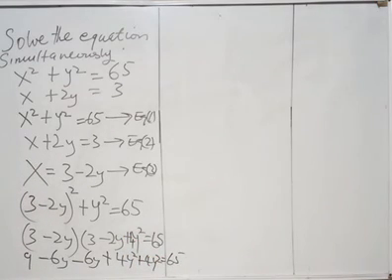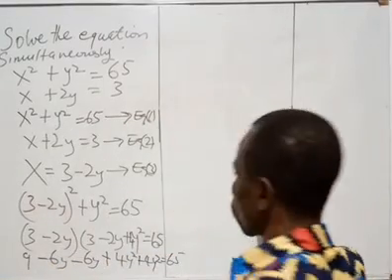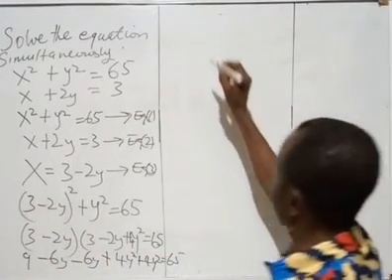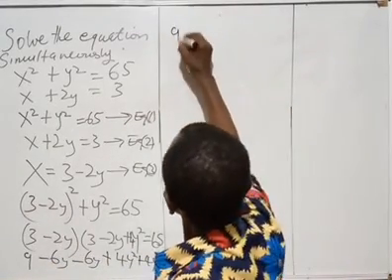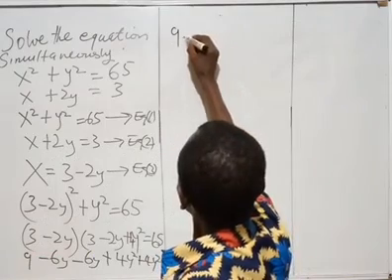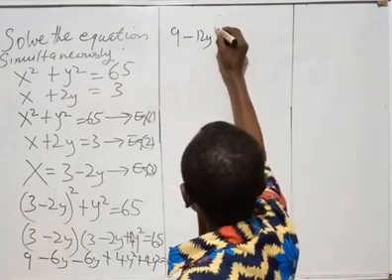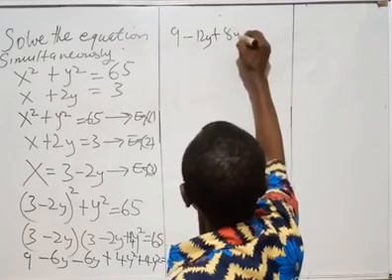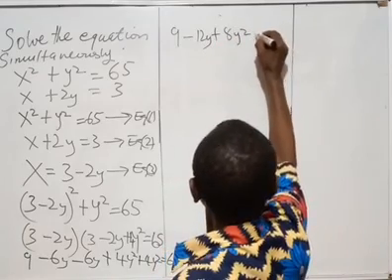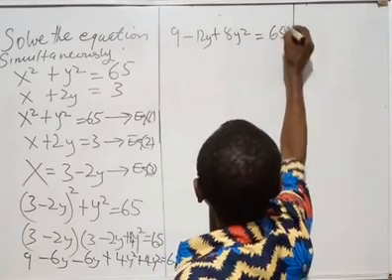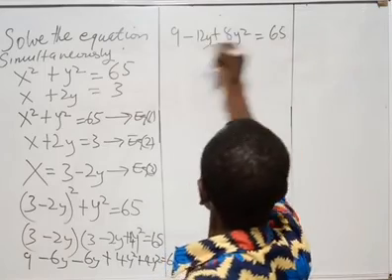So from here, we are now going to collect like terms. So I have 9 minus 12y plus 5y squared equals 65. From here, I can equate this to 0.